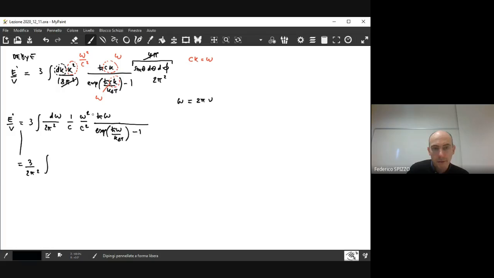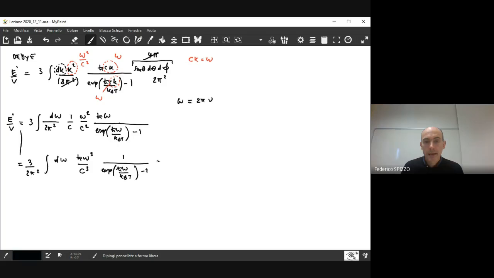Then before doing that, I just collect everything here. So I have d omega, then I have omega to the power of 3, h bar omega to the power of 3 divided by speed of sound to the power of 3, and then I have 1 divided by the exponential of h bar omega divided by kBT minus 1.